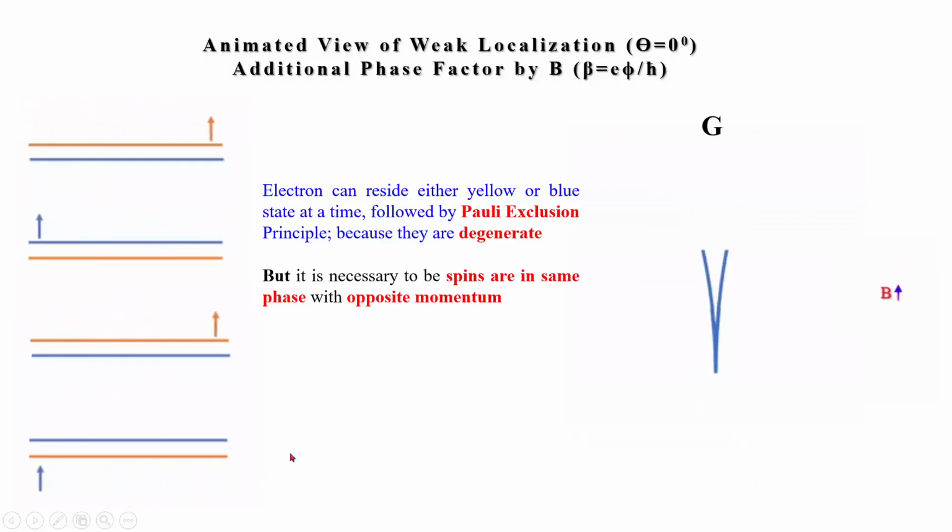If the spins are down, meaning this is the up spin, and if we rotate the direction of the spins, it is still required that in this edge state and this edge state, the spins are in the same phase. This is the case of the weak localization signatures. Again, the electron can reside in this and this, but at a certain time it can also be in one edge state. And this shows the animation of weak localization with the magnetic field, and the conductivity behavior like this.